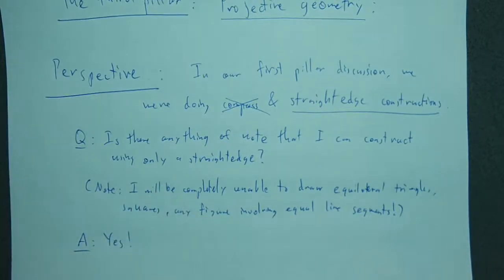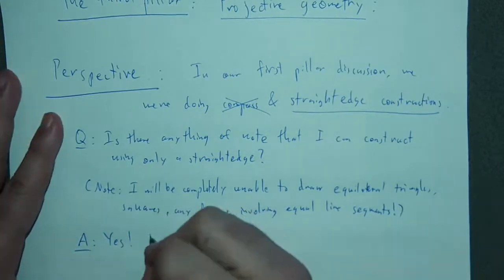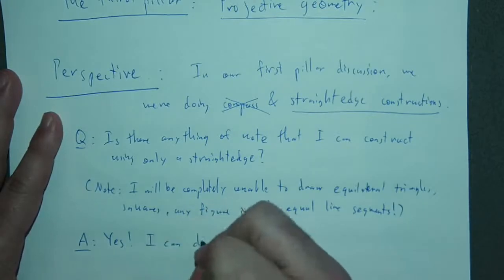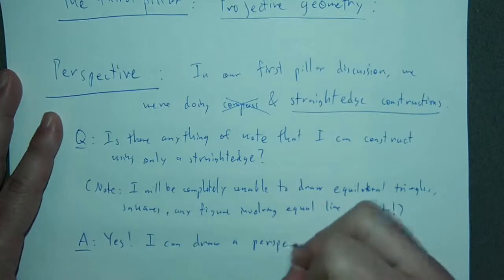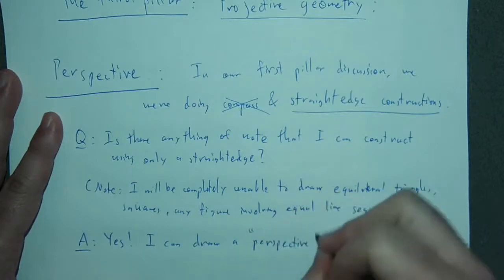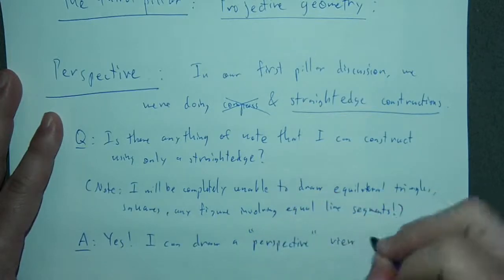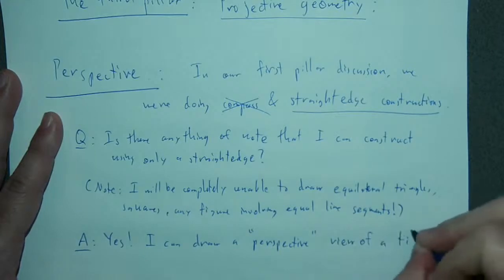Now, what's your definition of note? Of course, I can draw lines. That's what the straight edge is for. But actually, I can draw a perspective view of a tiled floor.